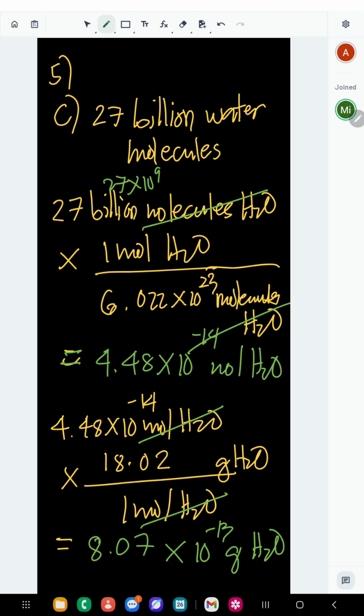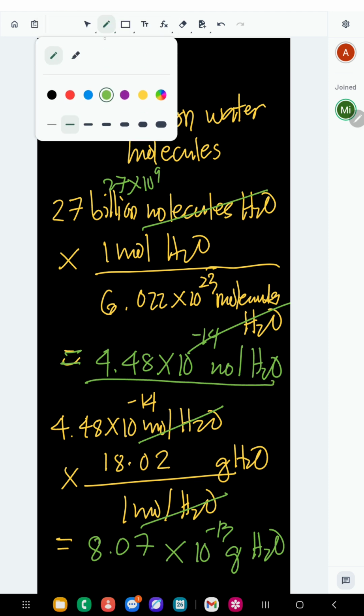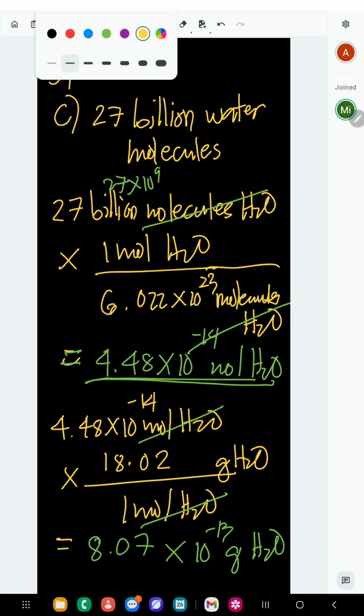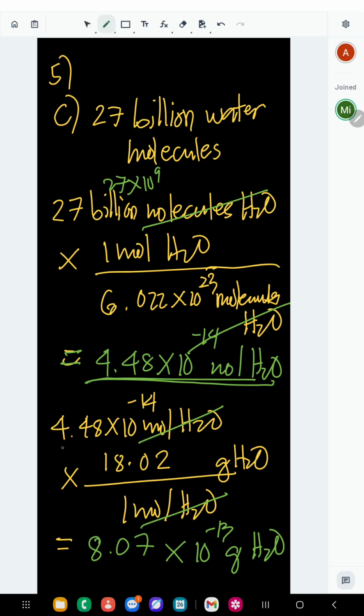Oh, you don't need the 6.022 anymore because we already got the number of moles. So you start with the number of moles, which is 4.48 times 10 to the negative 14. This one.